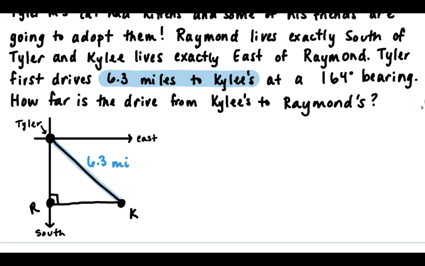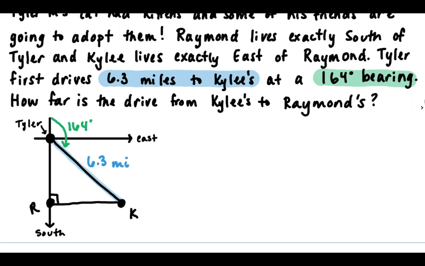Okay, keep reading. At a 164-degree bearing. So that's the angle he's driving at, and remember that's the angle from north, so we're north here, clockwise down to where Tyler's driving. So this angle is the 164.